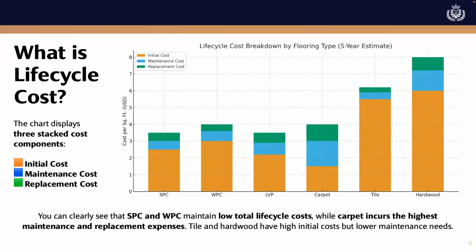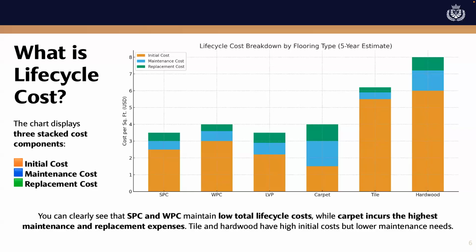So here we're going to talk about life cycle costs, and you can see that the orange area indicates the initial cost or investment to put it in. And then the blue and the green represent maintenance and replacement costs, right? If you start on the far right, the cost of putting in hardwood is very expensive. Maintenance is medium to high.